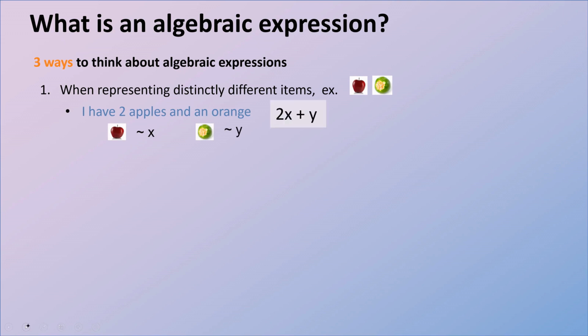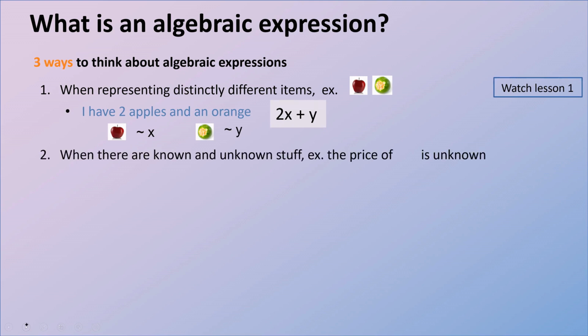Therefore, I can write the expression 2x plus y to represent what I have. If you have not watched my first lesson, please go ahead and watch that so you will have a better understanding. Secondly, when there are known and unknown stuff.